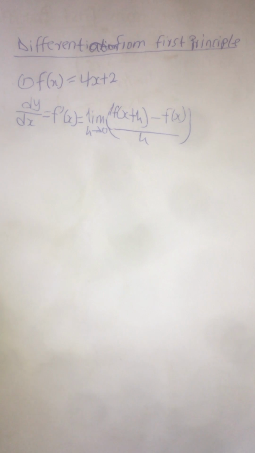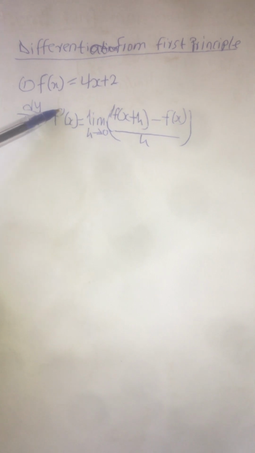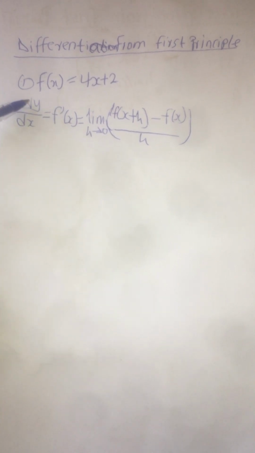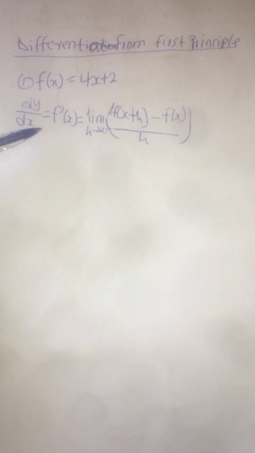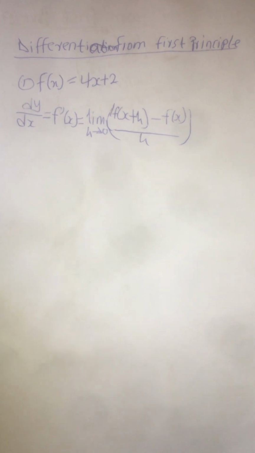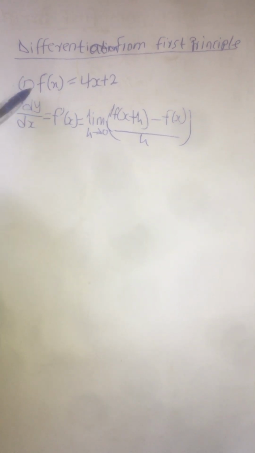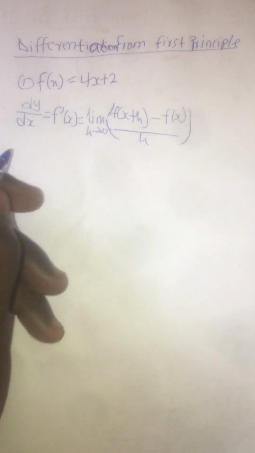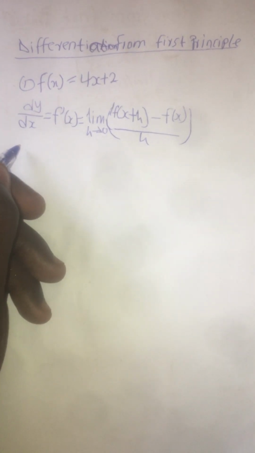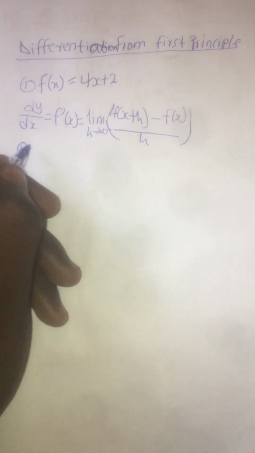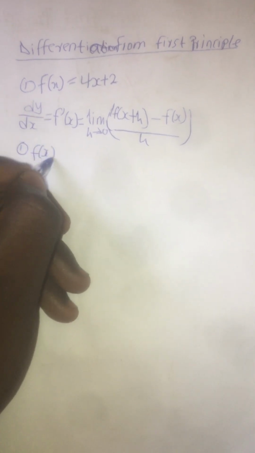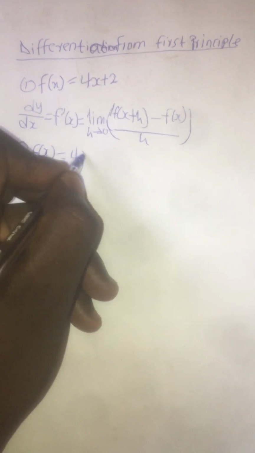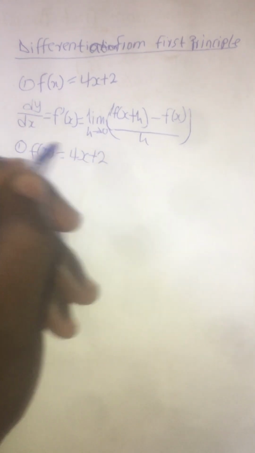Now take note: when you are using dy over dx, you don't need to bring f prime of x. When you're using f prime of x, you don't need to bring dy over dx. Alright, so we have the sample question here. Let's proceed and use the formula. We are solving the one where f of x is equal to 4x plus 2.